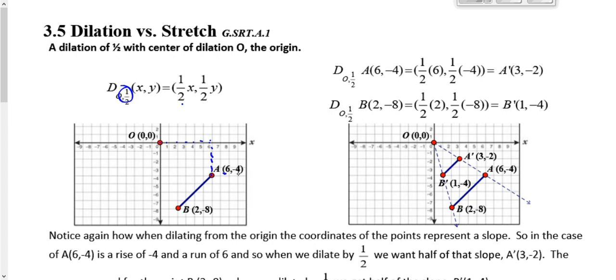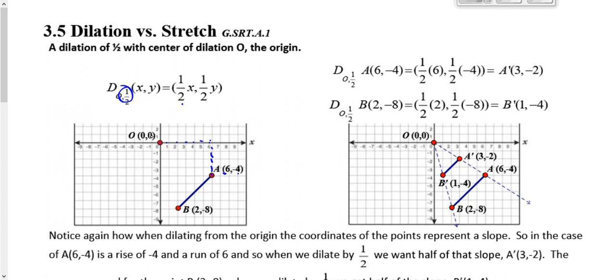But you knew that because it's -4 minus 0. Again, it won't be 0, 0 later. So we're going to do half of this 6 minus 0, comma half of the -4 minus 0. And you don't need the zeros in there. That's why when it's at the origin, it's just kx comma ky, because the x and y are the run and rise.